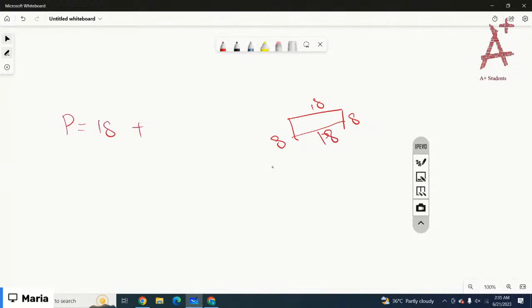So for the perimeter, you always add all the side lengths. That is 52. Sorry, the perimeter of the shape is 52. Got it?